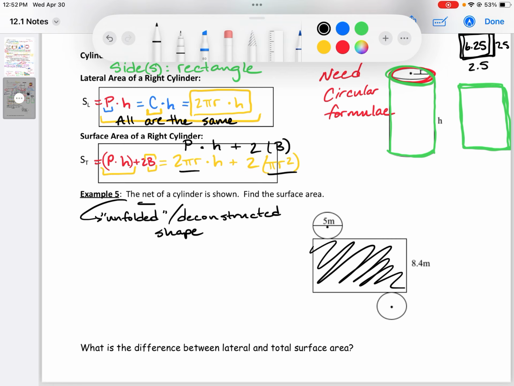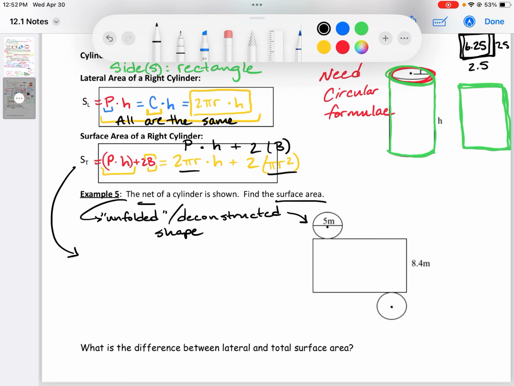So think about it. If I took this piece of paper and I rolled it into a tube and then I closed this and I closed this, it would give me a full cylinder. So drawing them in this net form is just a way to kind of more easily see its pieces.